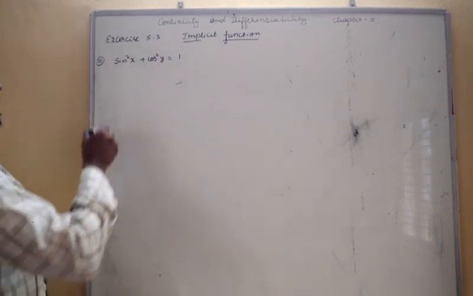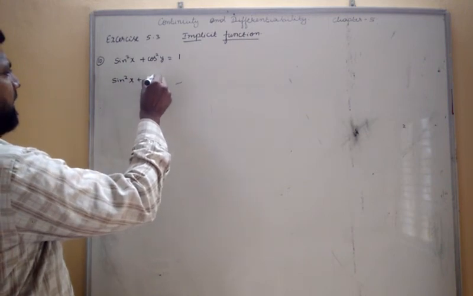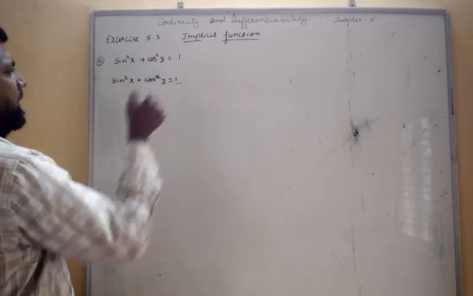Okay, so let us take the next problem. This is sin squared x plus cos squared y is equal to 1.